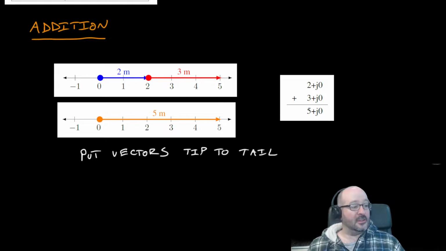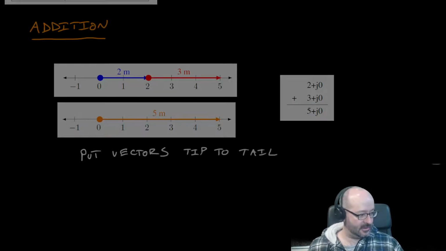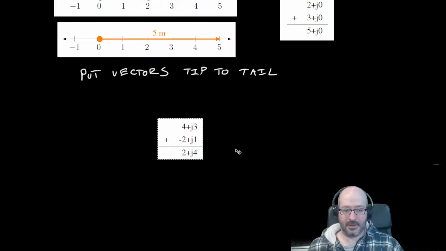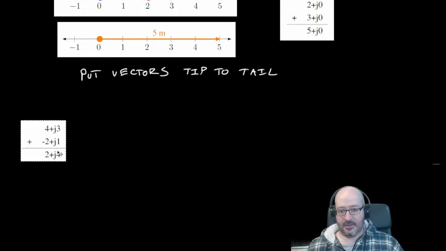All right, so if we wanted to do this in 2 dimensions, let's do this one. Put the vectors tip to tail. Okay, so in 2 dimensions, here's an example.